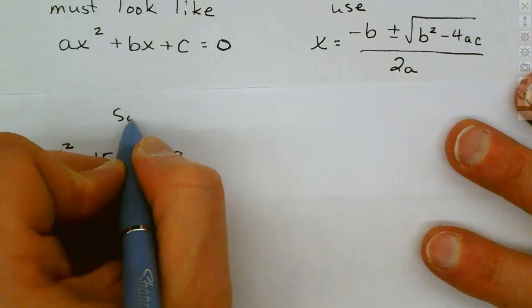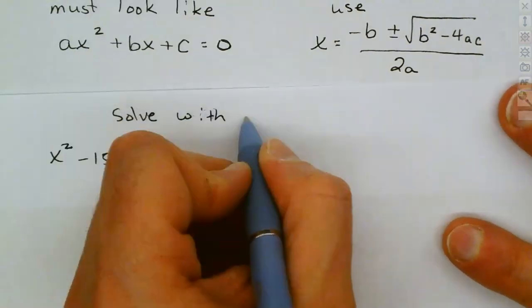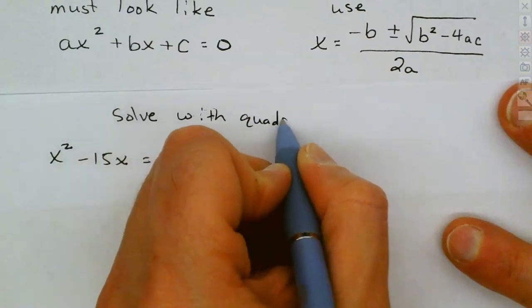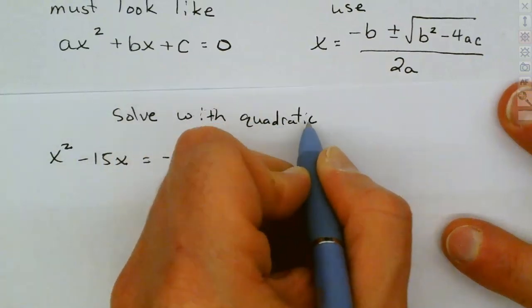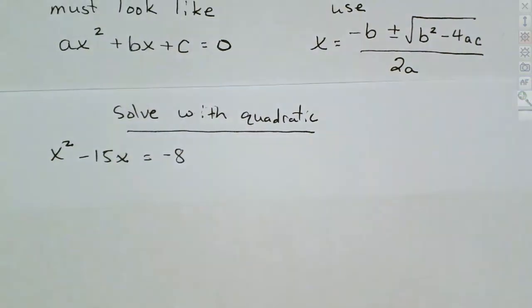And we're going to solve this with the quadratic formula. This is the one, remember, I made a mistake on at the very beginning. I wrote the numbers in the wrong order, and I couldn't solve it with zero factor, right? This one will not factor. However, you can solve it with the quadratic formula.